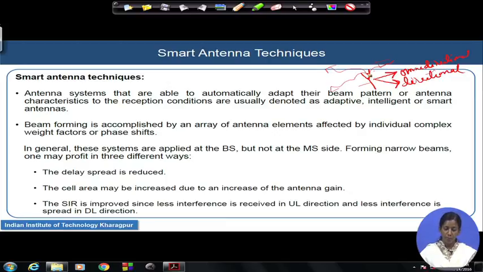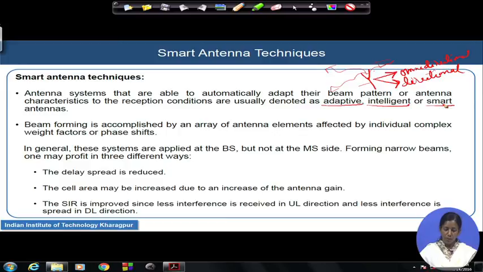Antennas with such capability, who adaptively change their beam patterns and antenna characteristics to facilitate reception and improve the signal to interference ratio, we call adaptive antennas. Sometimes they are also called intelligent antennas or smart antennas.